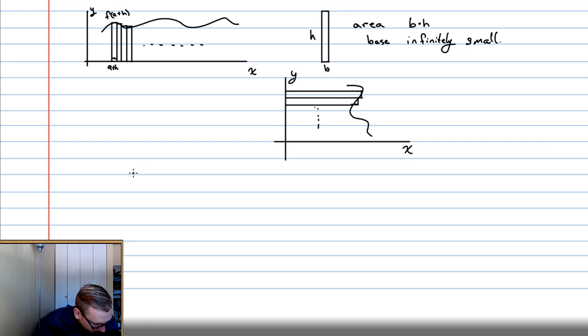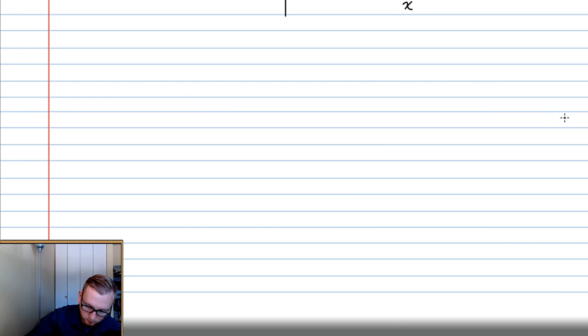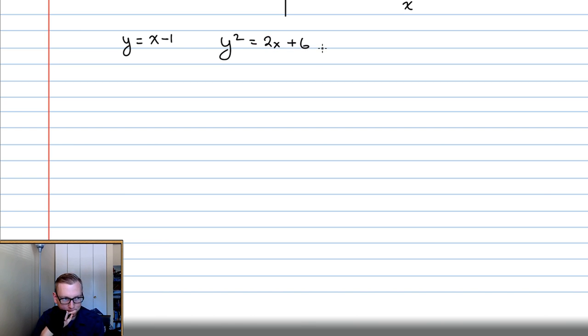We will do a question dealing with two different types. So, what we've got, region bounded by y equals x minus 1 and y squared equals 2x plus 6. We need to find these two functions.